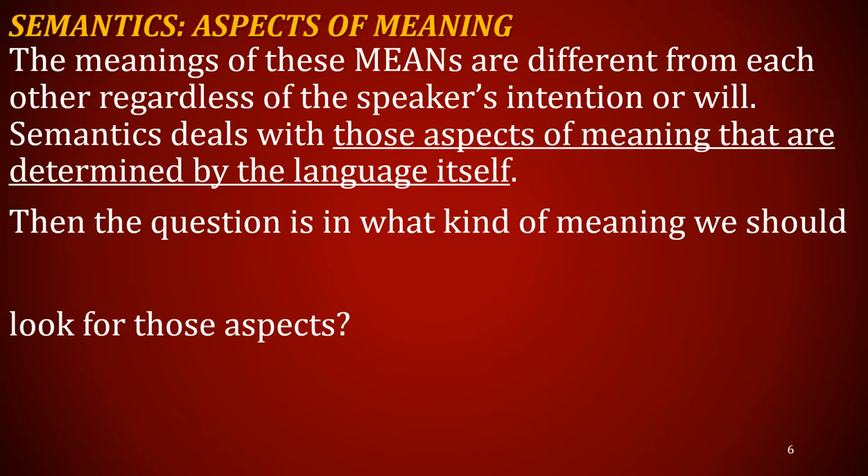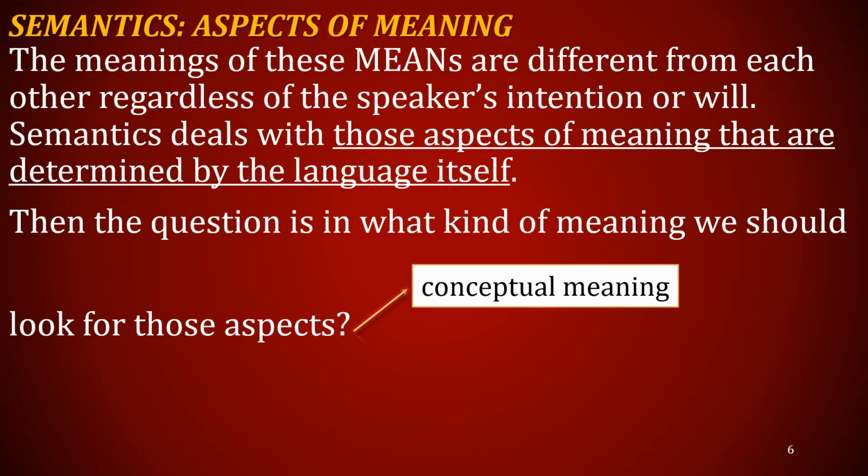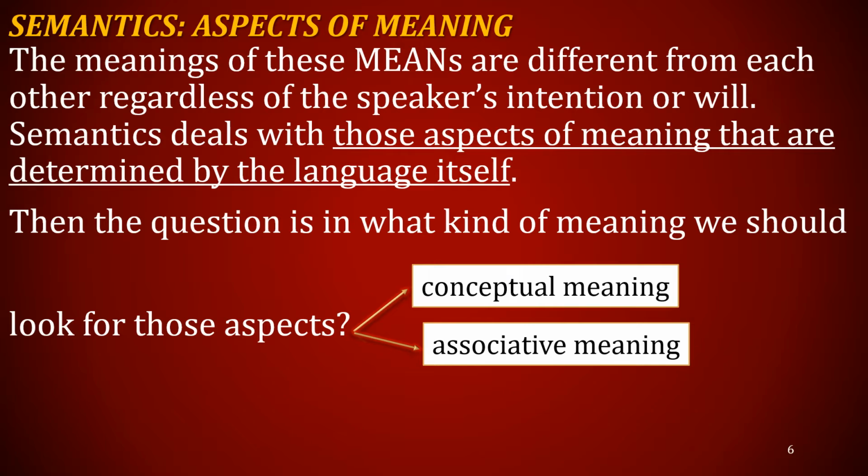According to linguists, yes, we have conceptual meaning and we have associative meaning. Let's talk about them in more detail and see what the difference between these two types of meaning is.